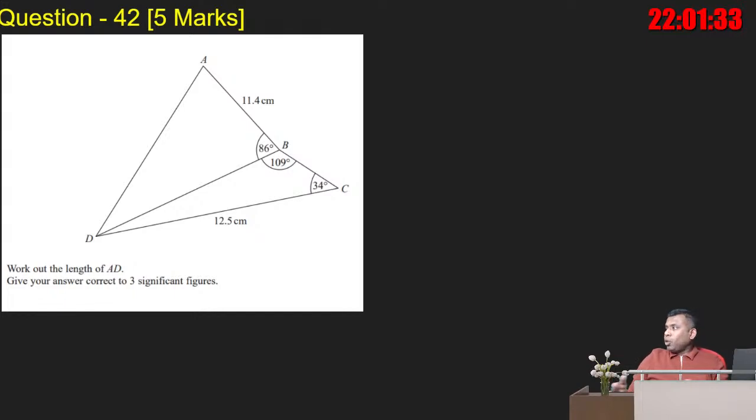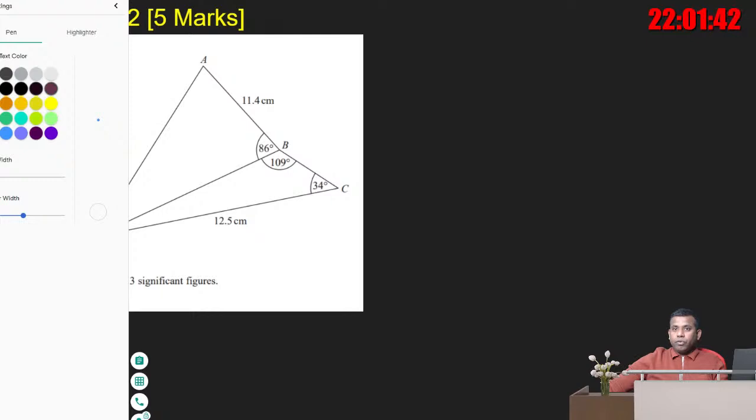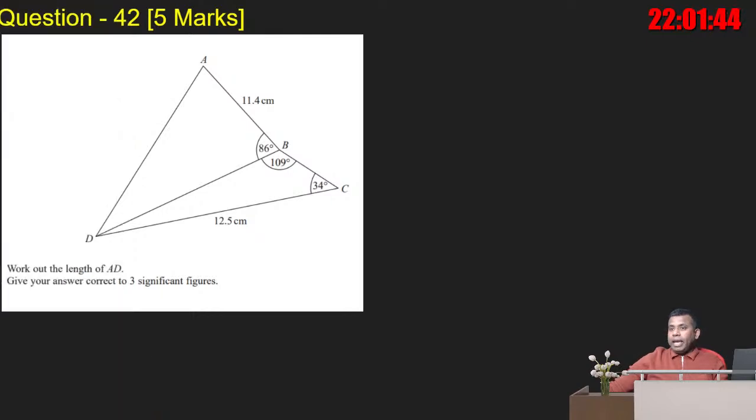Right, two triangles joined together. Work out the length of AD. So how can we find out AD? For that triangle, we are missing some information.